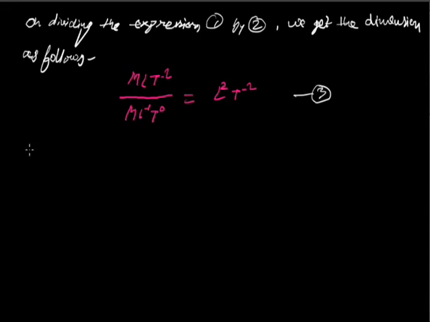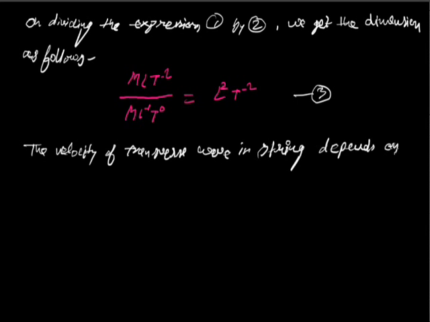Now see here, the velocity of a transverse wave in a string depends on the linear mass density of the string and the tension in that string.